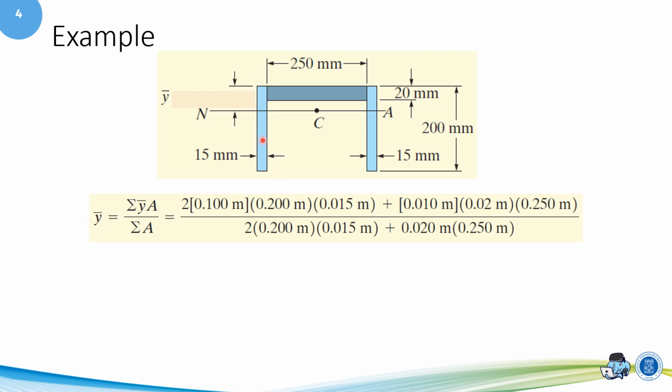And the y bar there is supposed to be the distance from the centroid of this part to the x-axis at the top, which is half of the 200 millimeters, which is 100 millimeters. That's why we can find out that the location of the natural axis is 59.09 millimeters from the top.